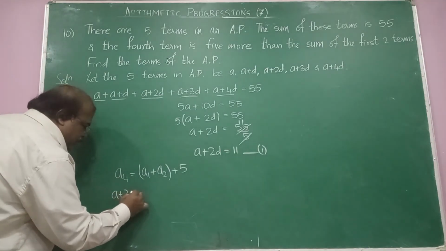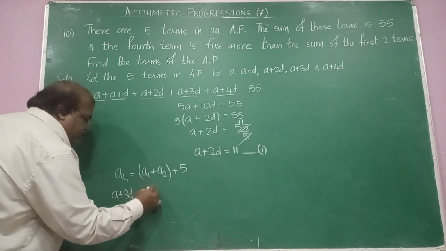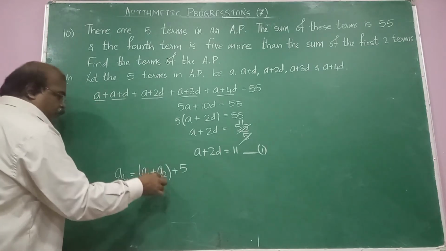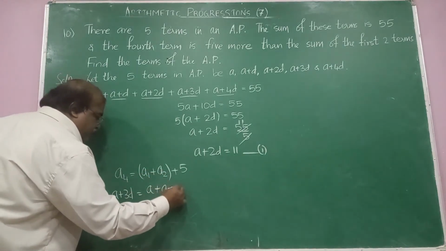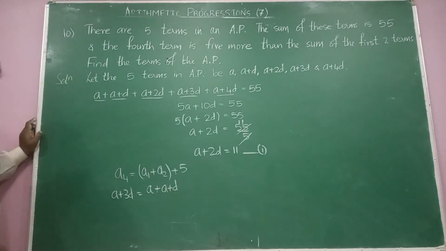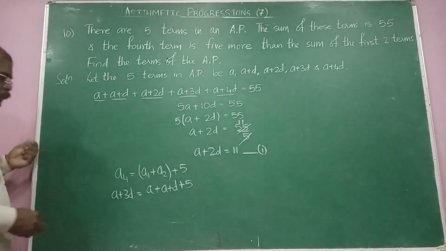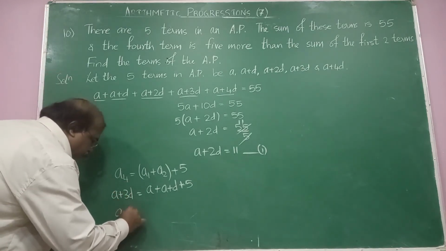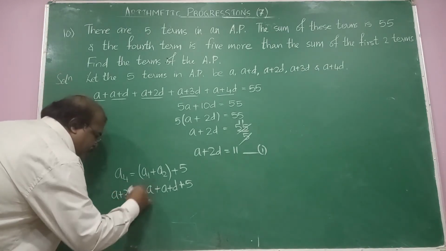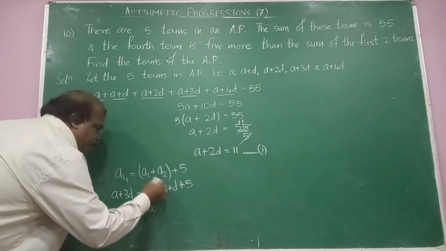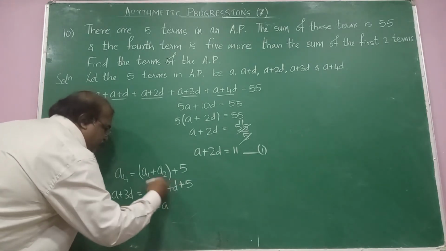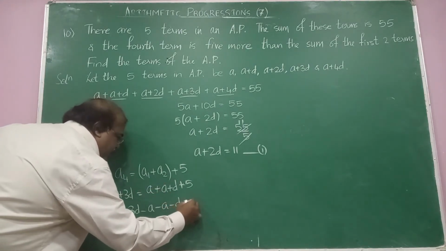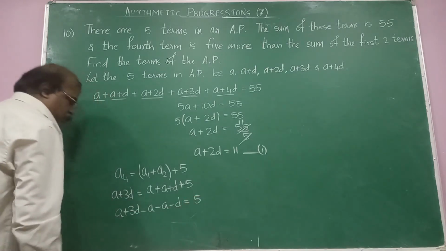The fourth term is A plus 3D. What is the first term? A. What is your second term? A plus D. Keep all A and D on one side. What will I get? A plus 3D, minus A coming this side, minus A, minus D coming this side, is equal to 5.